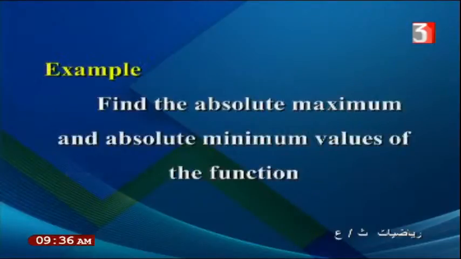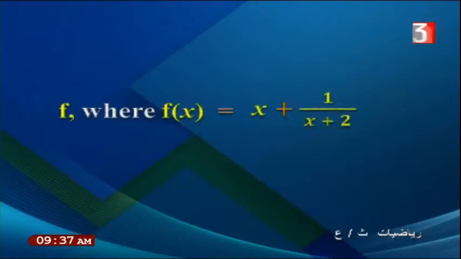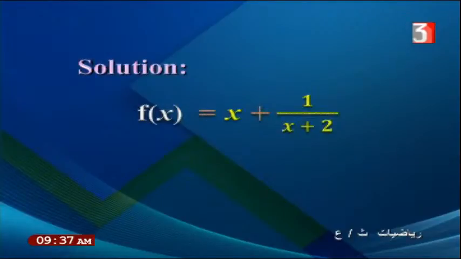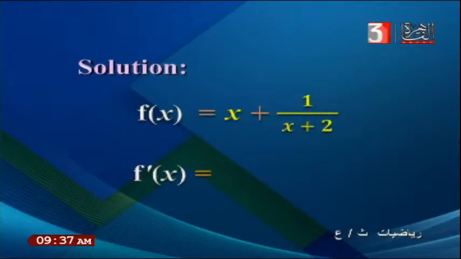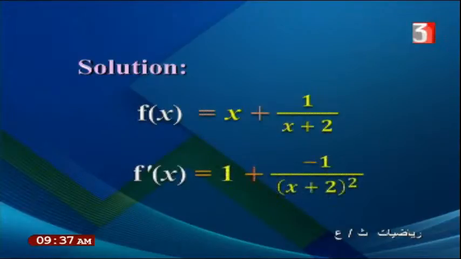Find the absolute maximum and the absolute minimum values of the function f, where f of x equals x plus 1 over (x plus 2) in the closed interval [0, 3]. First, we have f of x equals x plus 1 over (x plus 2), then f dash x equals the derivative of x, which is 1, and the derivative of 1 over (x plus 2) is negative 1 over (x plus 2) squared.